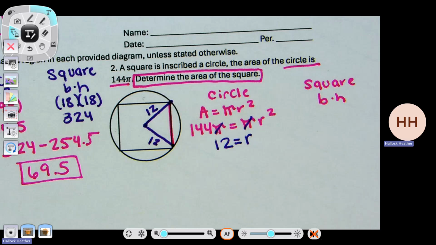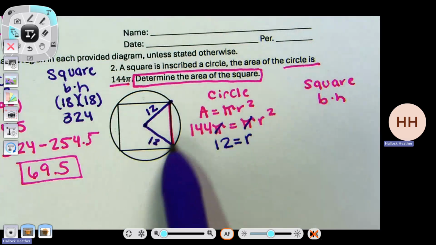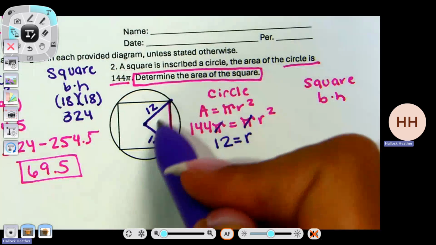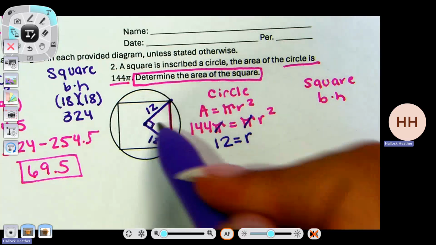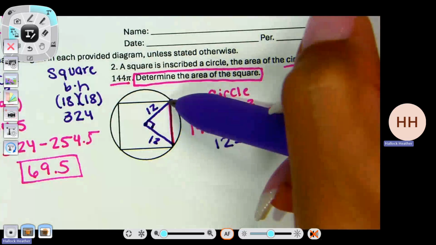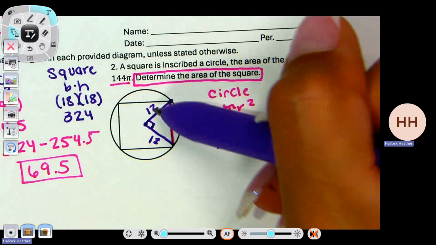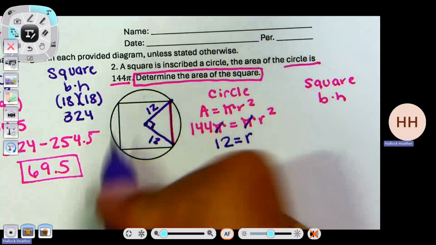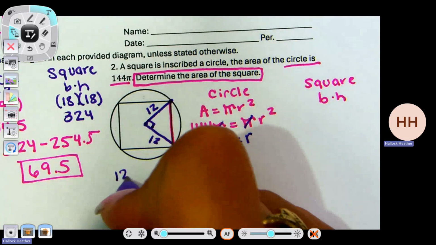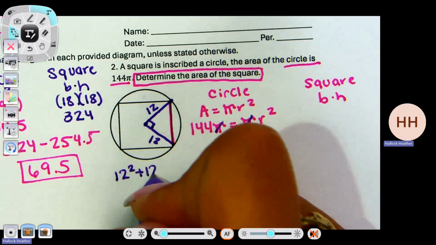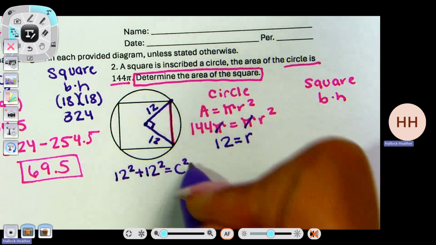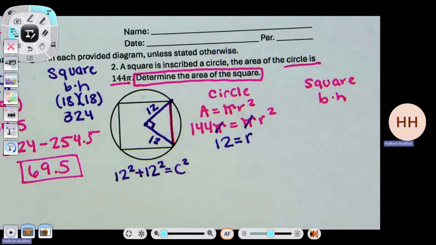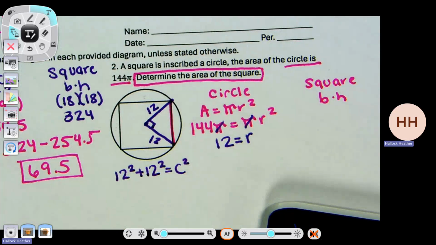Because when we did rectangles and squares, specifically squares, when your diagonals intersect, they make the 90-degree angle. So you can find the side of the square by using 12 squared plus 12 squared equals c squared. So off to the side, we're going to do 12 squared plus 12 squared equals c squared because Pythagoras is back again.